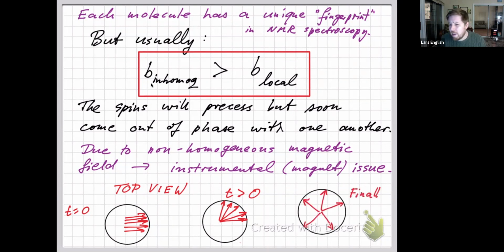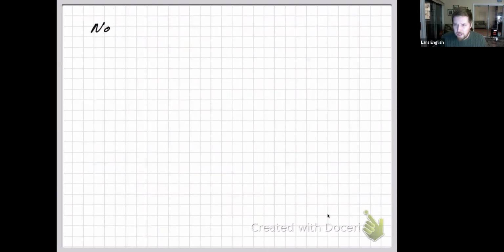If you wait even longer, finally you get a situation where these spins are all spread out over the unit circle. So if you add up all of these vectors, what do you get? What's the combined signal from all of these little mu's? Well, 0, right?